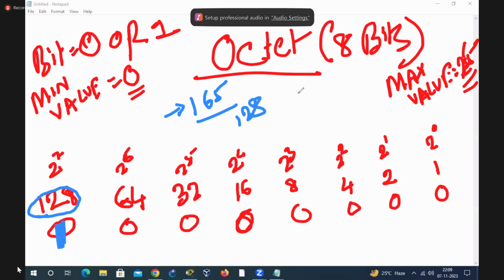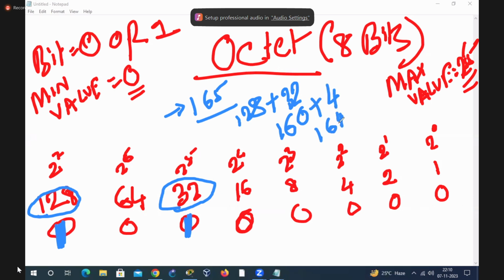So 128, then 64. If we add 64, it becomes more than 165. So we can take 32. 128 plus 32 is 160. So let's take this and convert it into 1. And we need how many more? 5. So 160 plus 4 is 164, and plus 1.